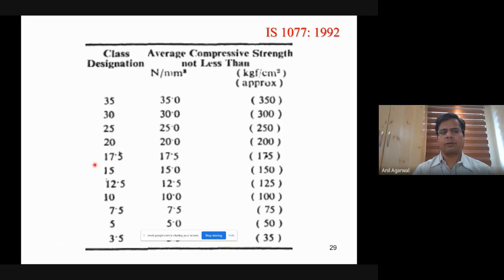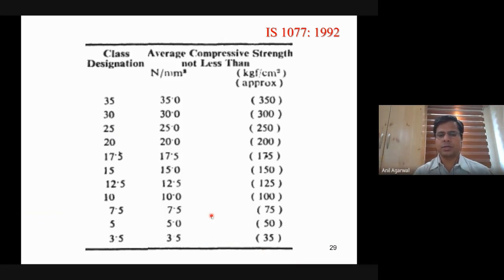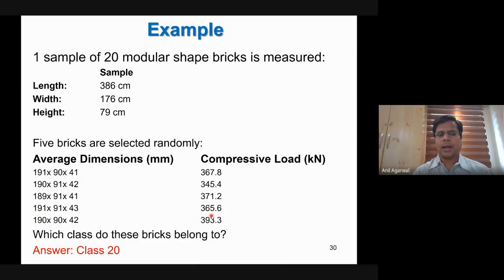And there was a solved example also, which I did not solve in the class, but it was given in the presentation. So I hope that you had gone through the example. It was pretty straightforward, but you still need to go through it once to make sure that you are following the steps. And also there were other requirements. So for example, when you do water absorption test and when you do efflorescence test, in addition to the class that you decide from compressive strength, there is also a requirement that based on the water absorption test, if you want it to be a concrete brick of more than 12.5 class, then water absorption should not be more than this.